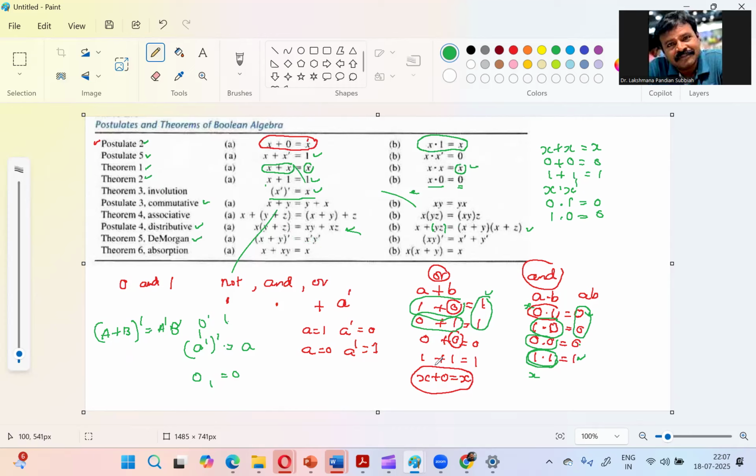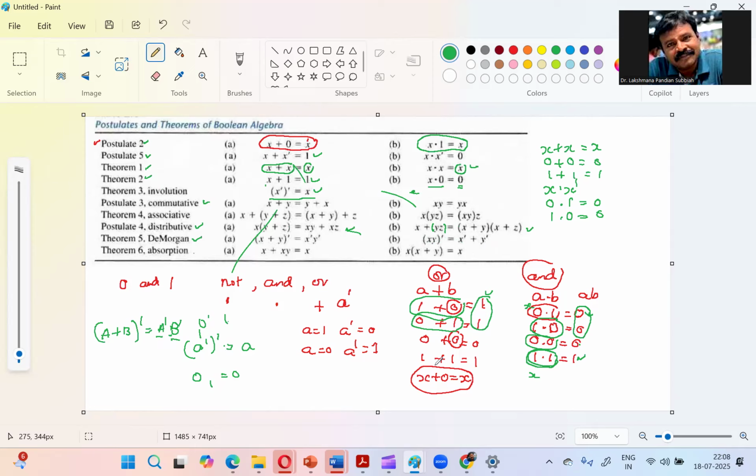A or B bar, the result is the AND operation of the bars. So that is A bar B bar. This is (A plus B) whole bar equal to A bar dot B bar. Similarly here, for an AND operation, (XY) bar is equal to X bar plus Y bar. This is De Morgan theorem.